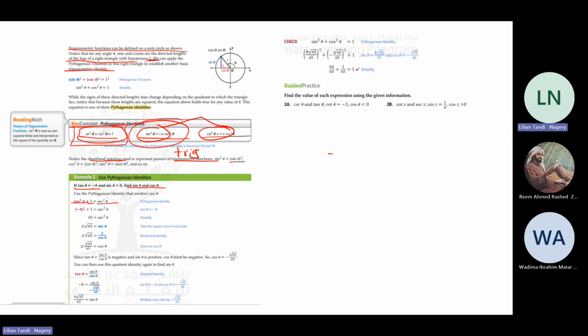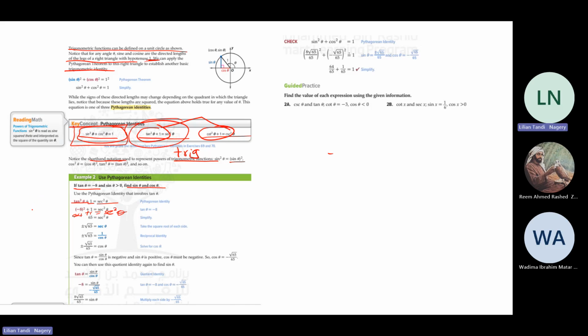Who is my tan? -8. Why should I put it in parentheses? Because the value should not be negative once squared. So you want a positive number. You will square this, which will give you 64 plus 1, which should give you sec squared theta. Up to here, we are good?